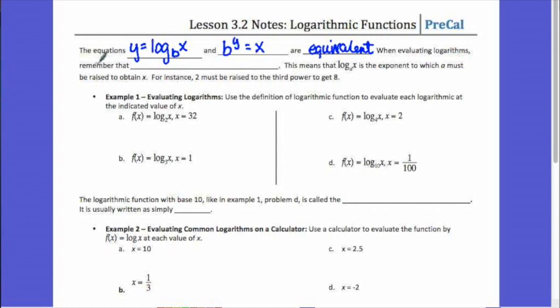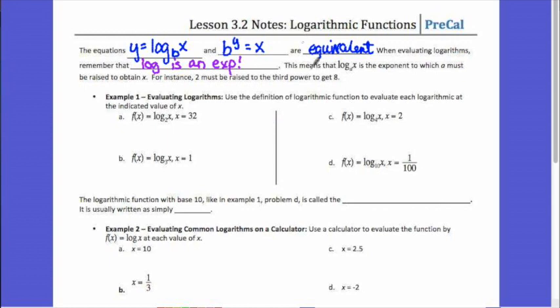When evaluating logarithms, remember that a log is an exponent. The log is the exponent that you're looking for. It's the solution for the exponent.